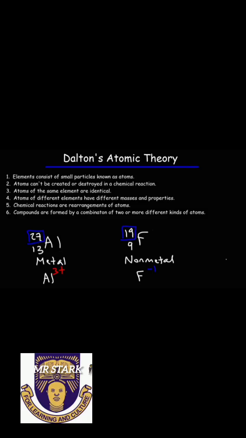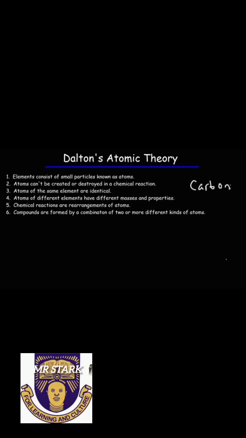Now, John Dalton also believed that atoms of the same element are identical. And for the most part, that's true, but you have to take into account isotopes. So if we look at the element carbon, 99% of carbon is in the form of carbon-12. The other 1% consists of carbon-13 and carbon-14.